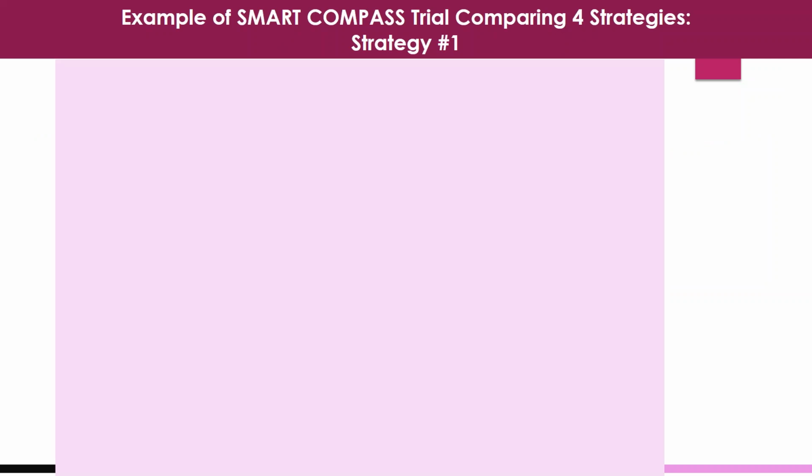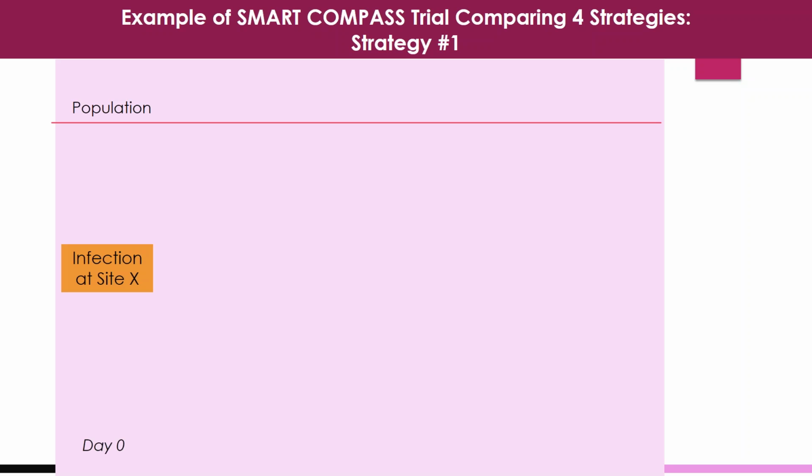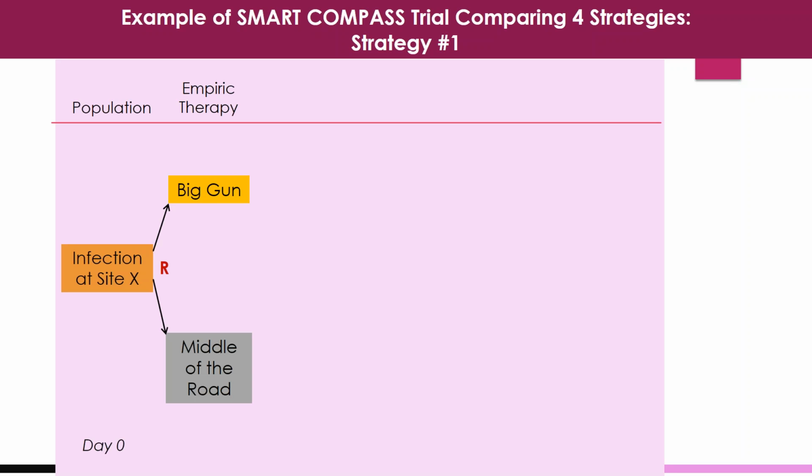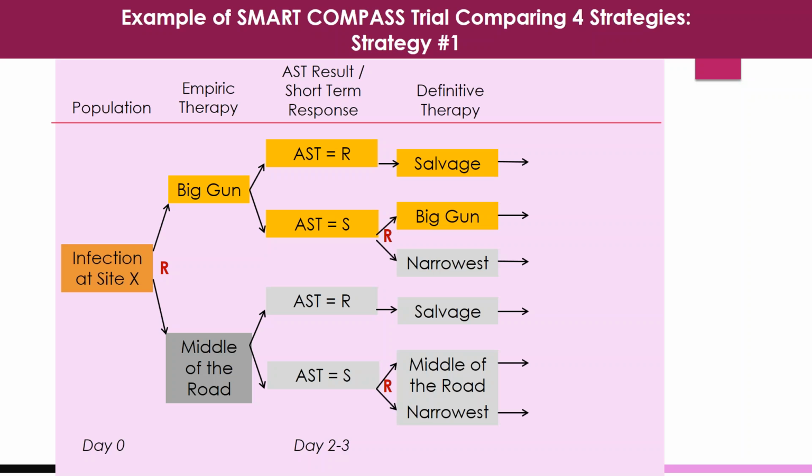So I'll just illustrate the potential issues here where we may have 4 strategies that we're comparing. The first strategy is really to compare big gun therapy at first, or middle of the road therapy, and then to compare a strategy where we keep going with the big gun therapy. So that might be strategy 1.